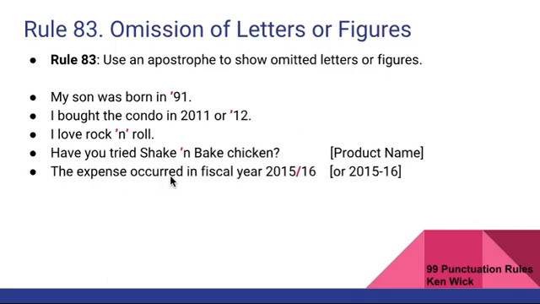The expense occurred in fiscal year 2015-16. Now you're saying, I thought this was for omitted figures. Well, there is an omitted figure. Someone left out the 20 of 2016, but this is an example to show you that when someone says something like this, you actually use a slash or a dash.